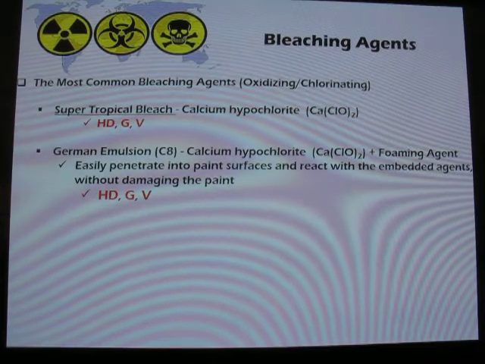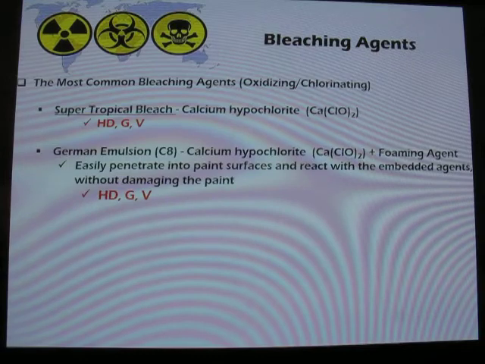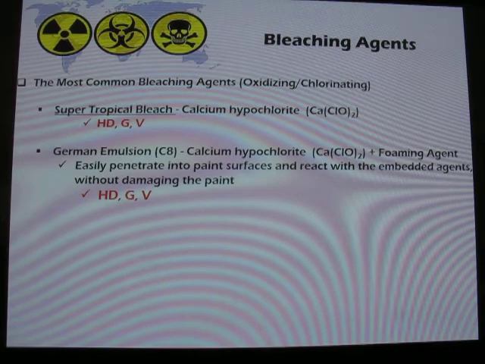The same calcium hypochlorite, in conjunction or in addition to a foaming agent, is referred to as German emulsion. Now, what is the advantage of that? You get the same oxidizing and chlorinating property of the bleach, but the foam penetrates the subsurfaces of a lot of materials and structures and destroys the chemical warfare agents.